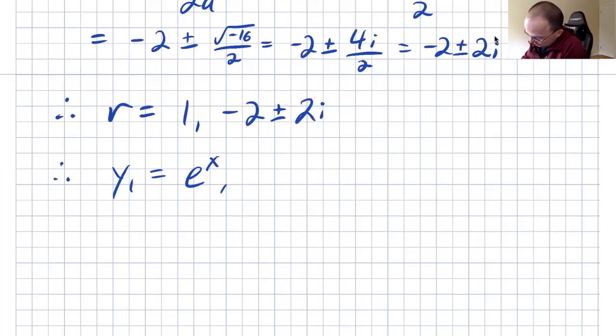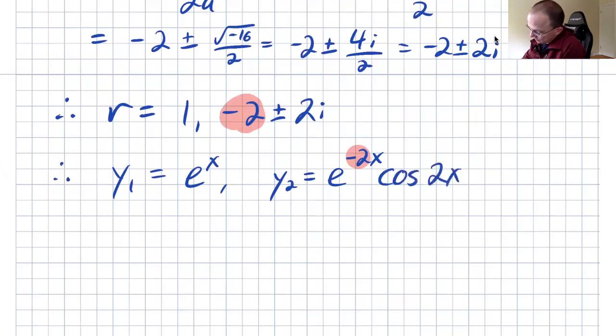So y2 equals e to the negative 2x, and maybe I could highlight this. Negative 2 goes there, and then cosine 2x. And that 2 comes from this 2.